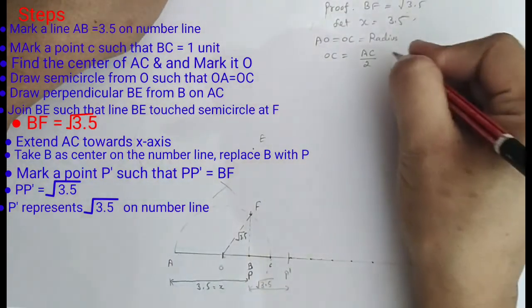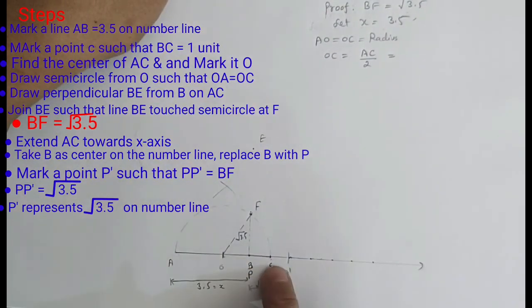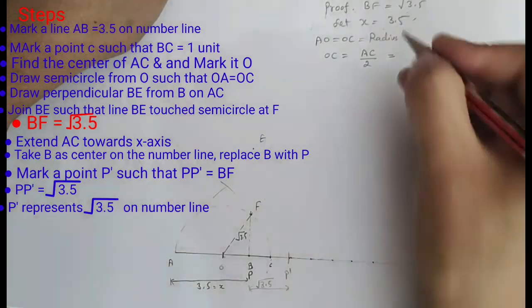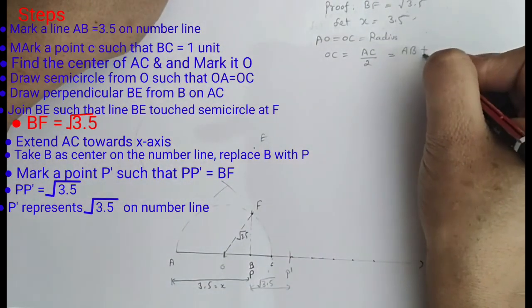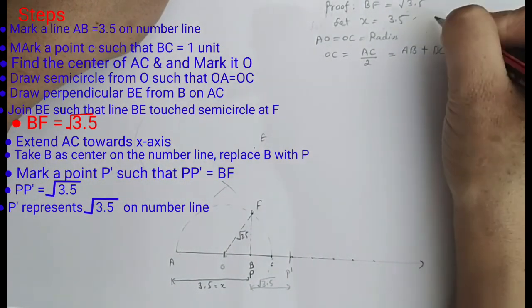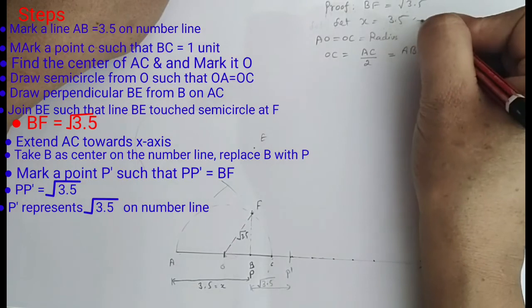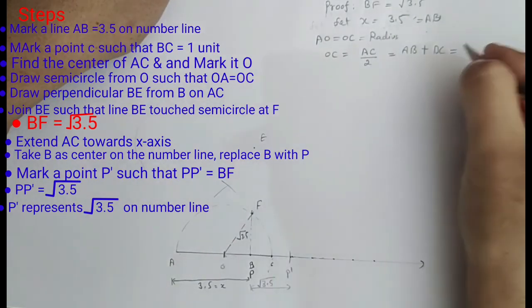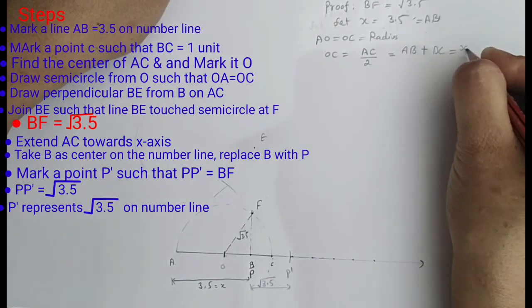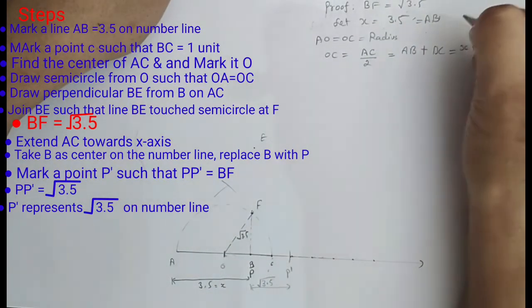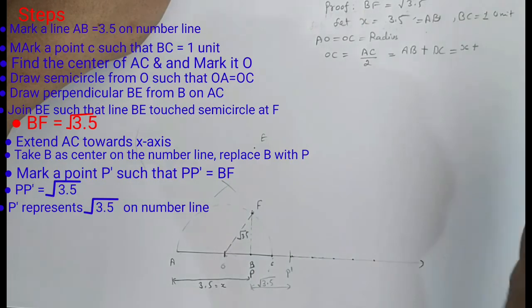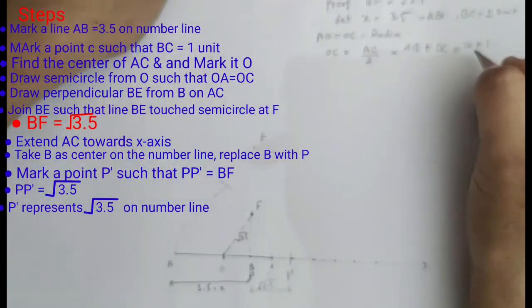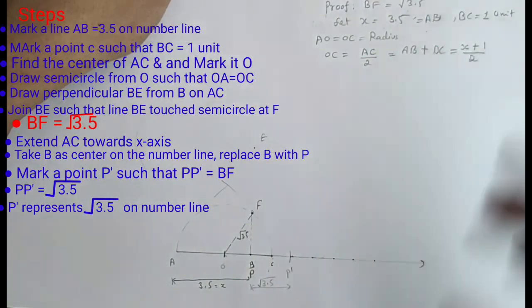The diameter of this semicircle AC is equal to AB plus BC. AB is equal to x, and BC, we have taken earlier, is 1 unit. So OC is equal to x plus 1 divided by 2.